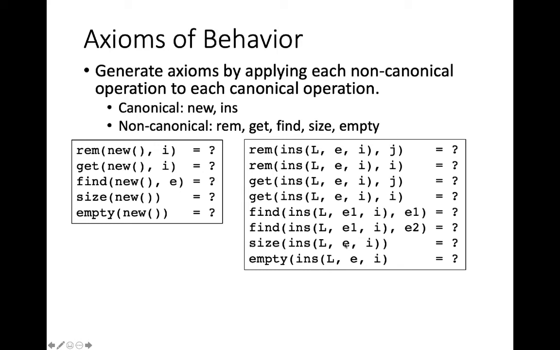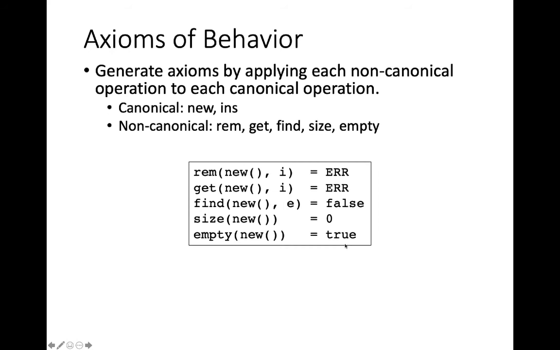So let's think about what it means to remove the ith element of a new list. First of all, does a new list have an ith element? No. A new list is empty, and so remove and get aren't even going to work. The result of removing the ith element of a new list, or getting the ith element of a new list, is simply error.